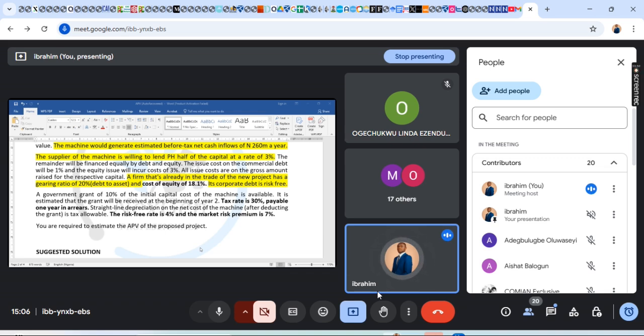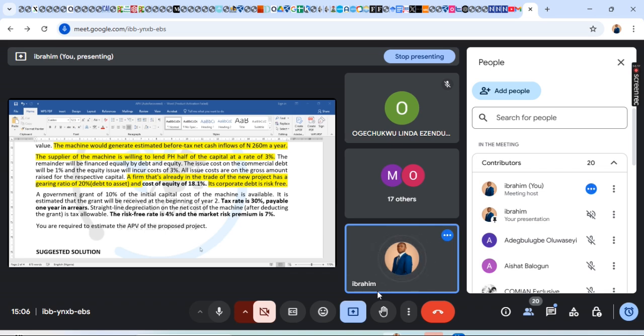So in this case, we will still assume the cost of debt, now that we want to diversify. We have identified a similar company. Upon identifying that similar company, there is a commercial rate, which is the lending rate. All the companies similar in that industry use it.